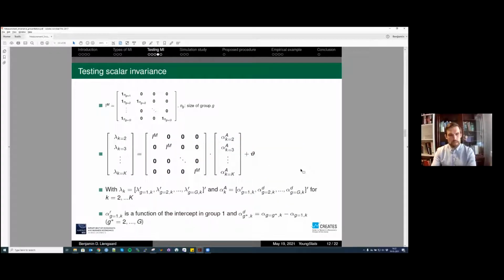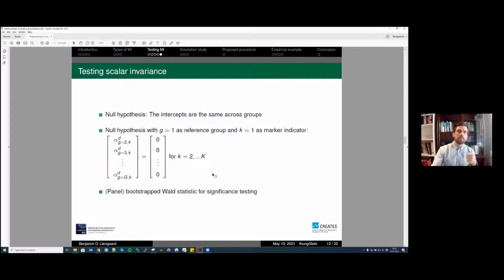But the principle is the same: stacking some auxiliary variables and having a testing equation where the coefficients measure the difference in the intercept between a reference group and any of the other groups. The null hypothesis, again, is that these differences are 0. If the null hypotheses are true, then we have scalar invariance, and we can compare the latent variable means across the groups.